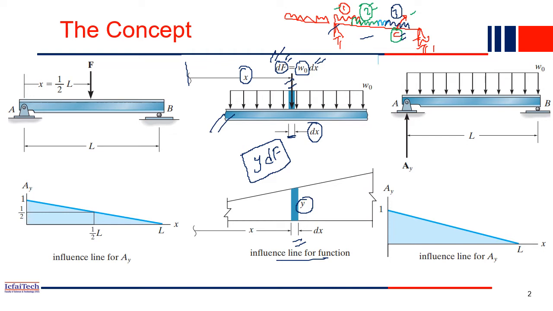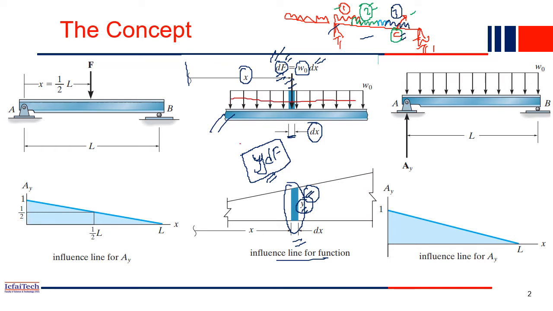Basically, you will get the actual quantity. y is the influence line parameter value because of a unit load, and the originally acting force is df. So y into df is the actual force in this small dx section. Now, what is the influence of the entire force?